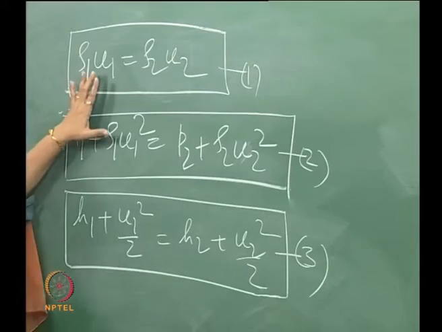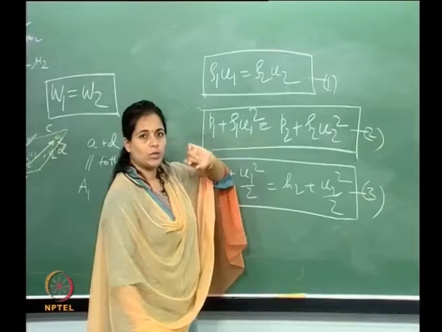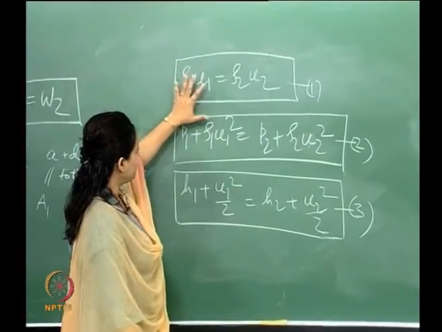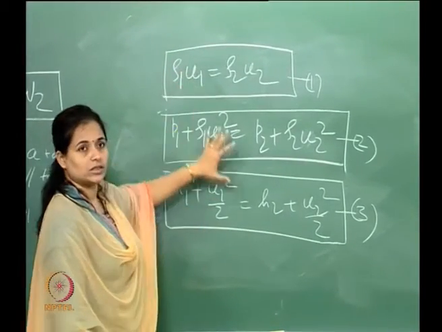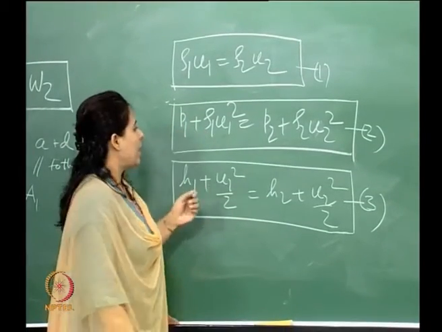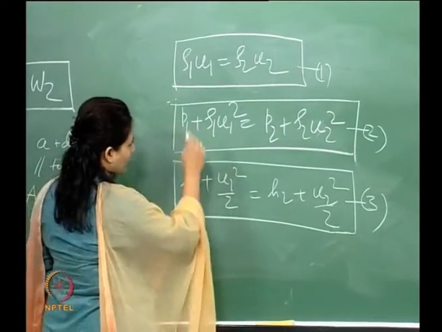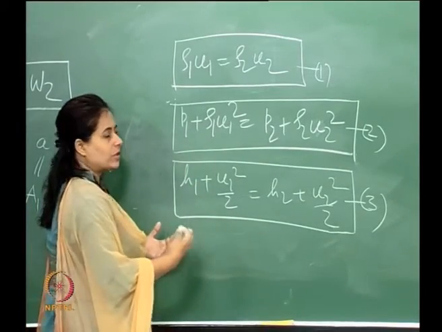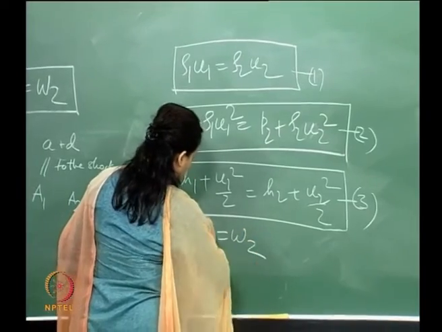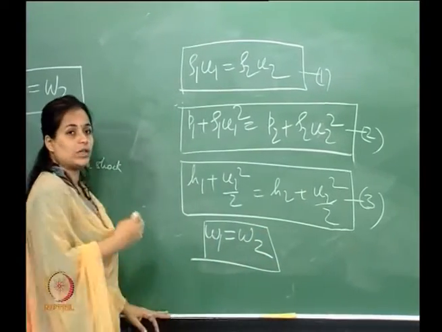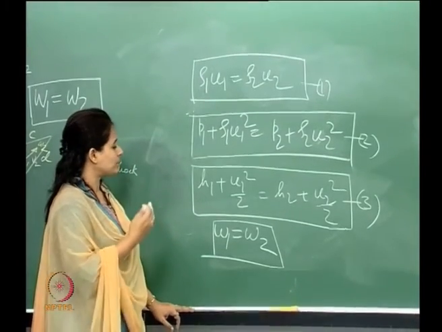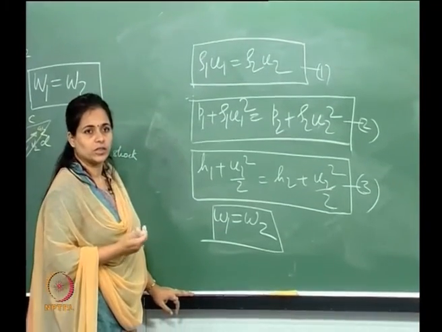What we see here is that we are using the normal component of the velocity before and after the shock, and these relations are exactly the same as we had derived for a normal shock. And one more inference that we got was that W1 is equal to W2, which is that the parallel component of the velocity does not change across the oblique shock.